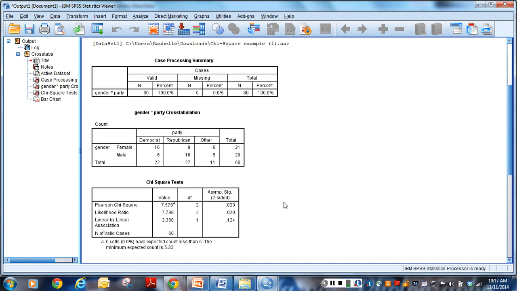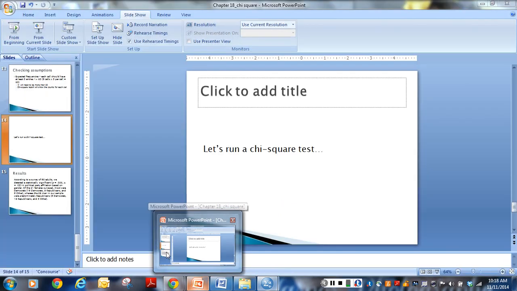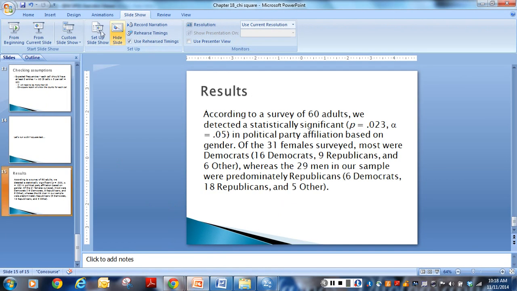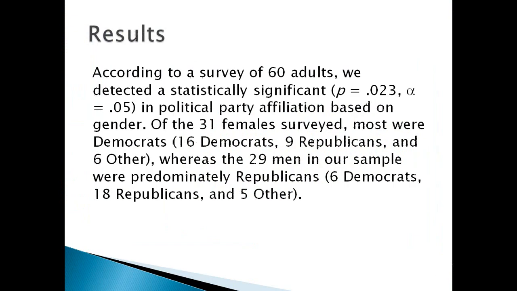So now that we have these results, let's put it together and write up our results. We can say, according to a survey of 60 adults, we detected a statistically significant p-value of 0.023 at an alpha level of 0.05 in political party affiliation based on gender.